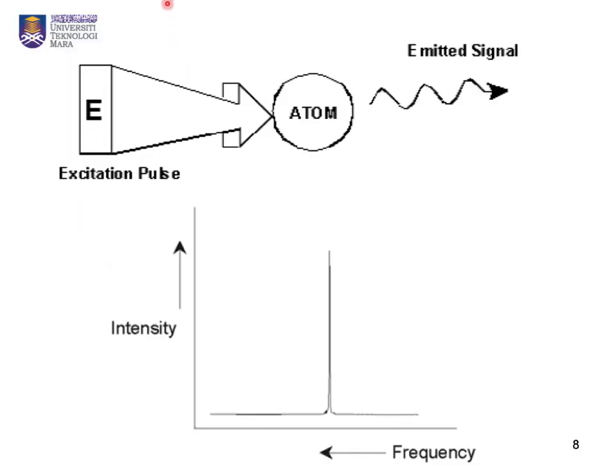This is actually what happens in order to record the nuclear magnetic resonance spectrum of any compound. You can see this one is the excitation pulse, which is actually the radio frequency radiation, also called the excitation pulse. This is the atom or molecule under investigation.